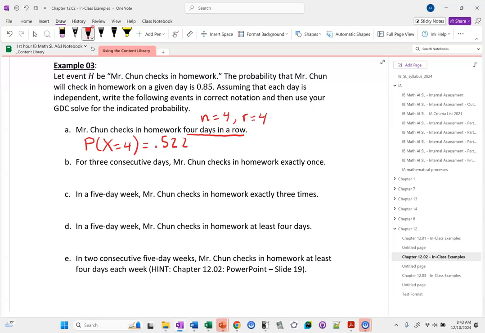Okay, for part B, it says, for 3 consecutive days, Mr. Chun checks in homework exactly once.